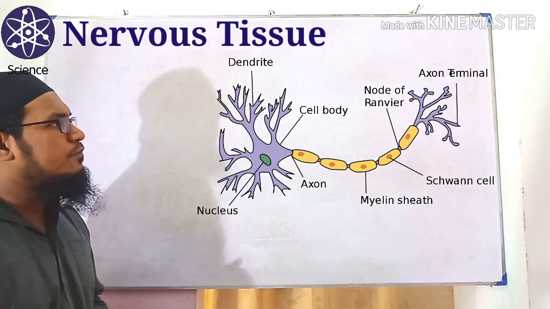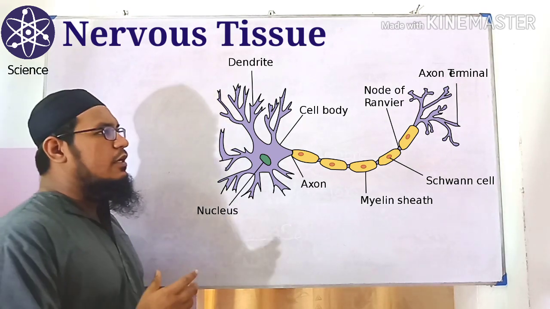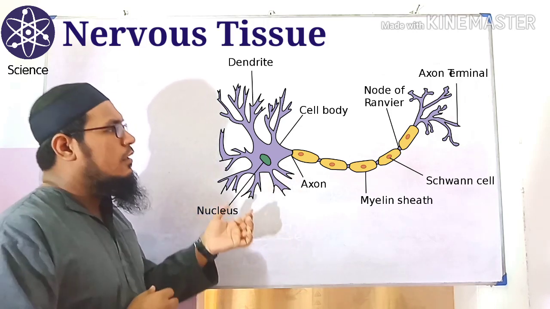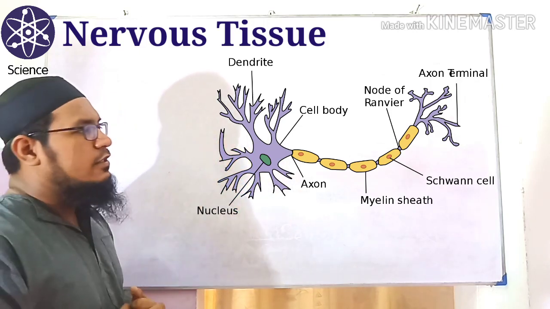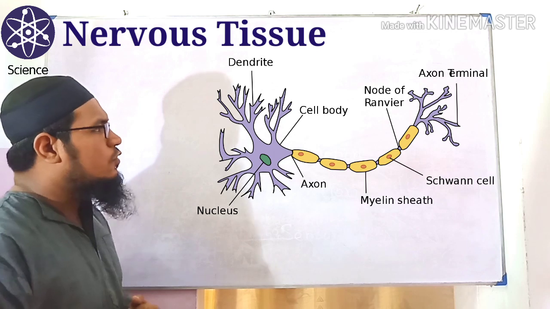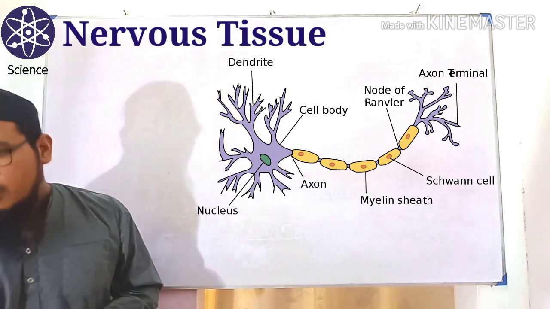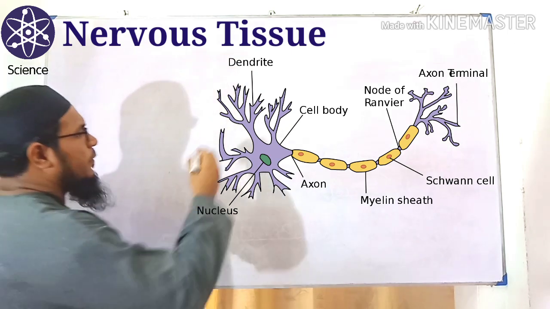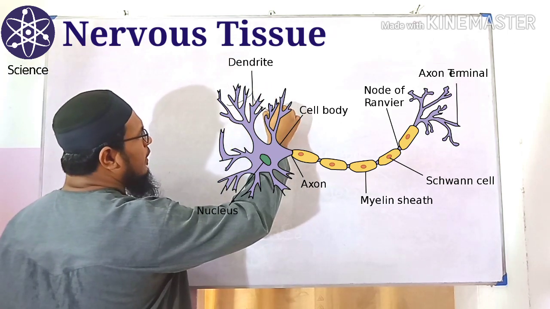Neuron is the structural unit of the nervous system. The whole nervous system, the neuron is the structural unit. So we'll talk about the neuron. When talking about the neuron, there are 2 parts. The first part is called the cell body.